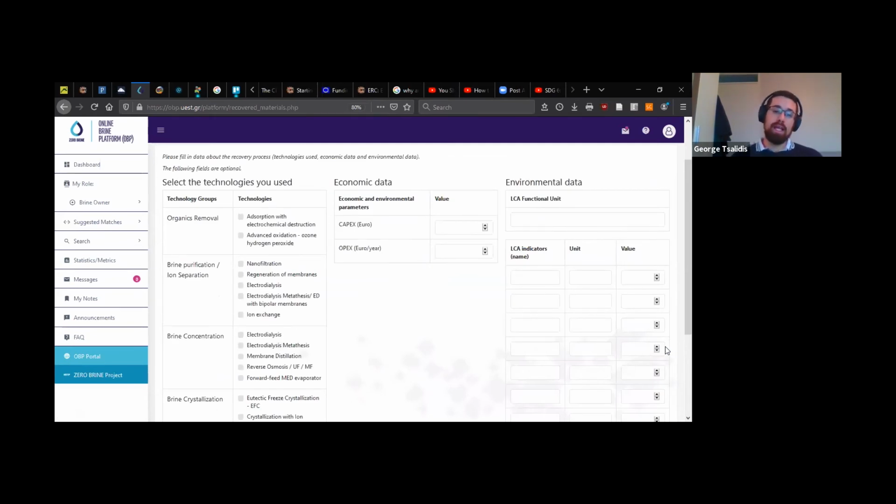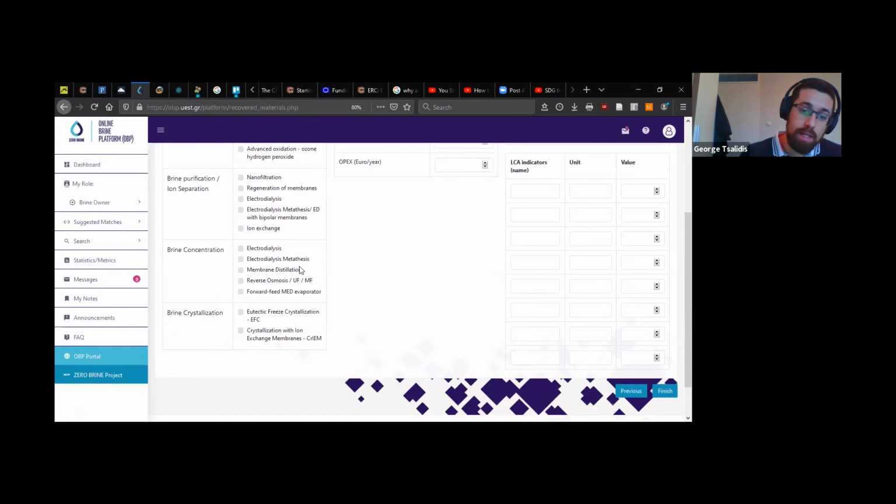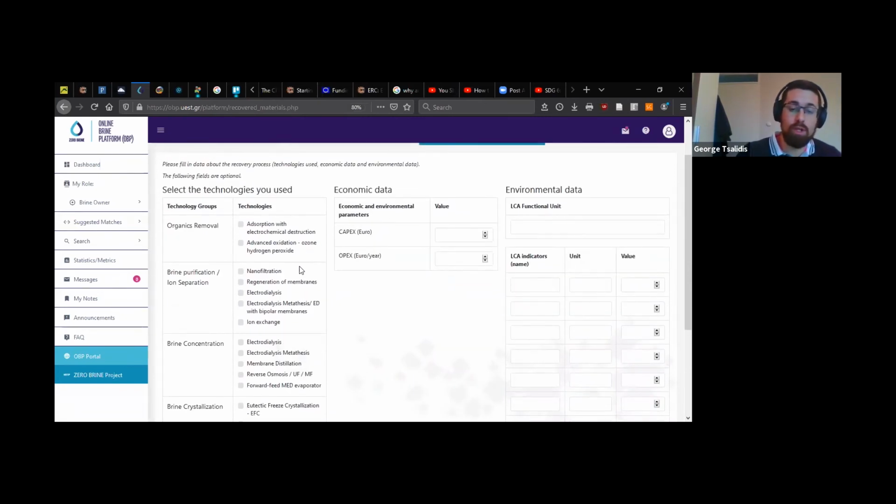So in the next stage, the platform is going to ask me what kind of technologies are employed in order to recover these materials. And here on the right side, there is an entire list of all the technologies which also belong to the technology providers.